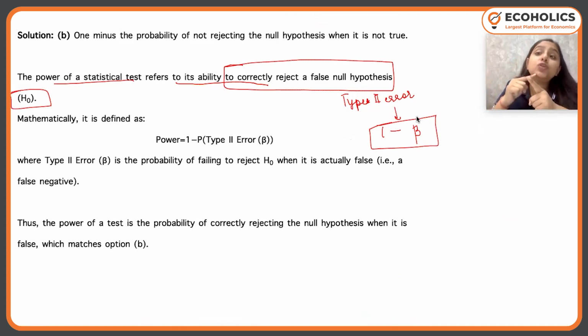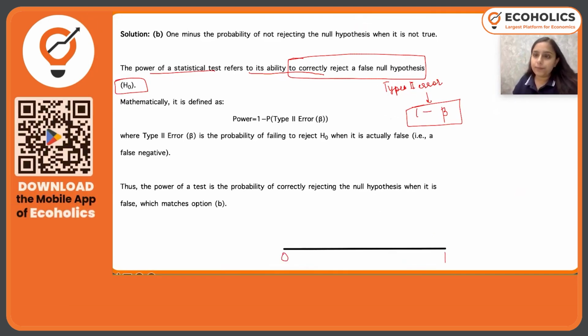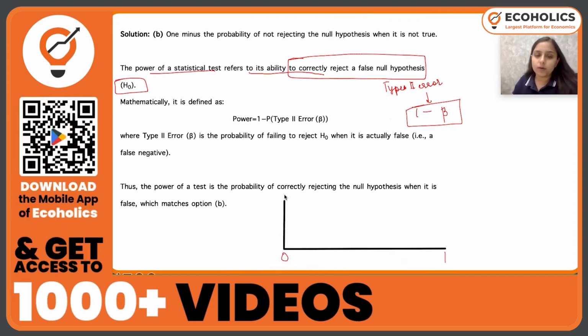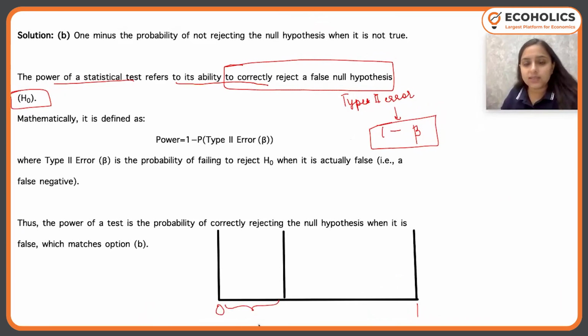So 1 is the total probability. From the total probability, if I subtract, very easily, just remember this. This is 0 to 1. This is the probability you have drawn. Now I am saying that beta is the probability. I don't know what the answer is here, but I know that this is the probability beta. This means I am going to not reject when H naught is false.